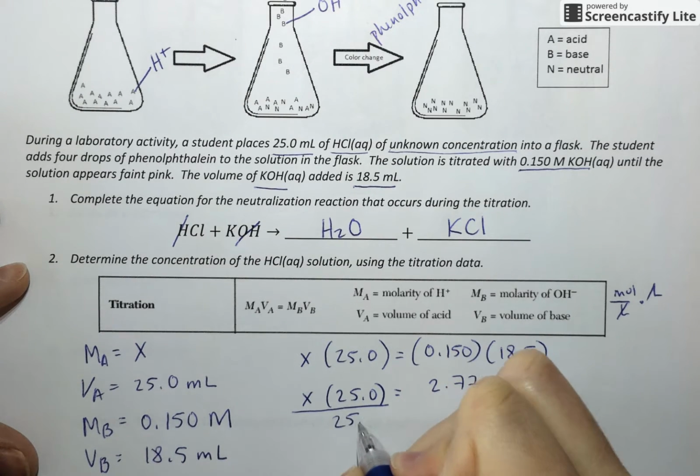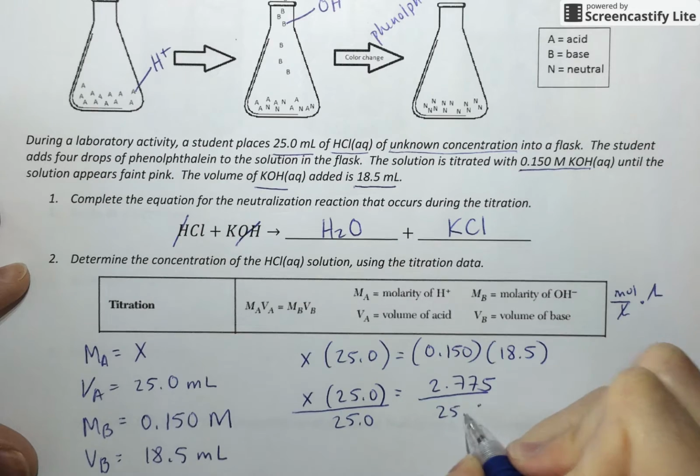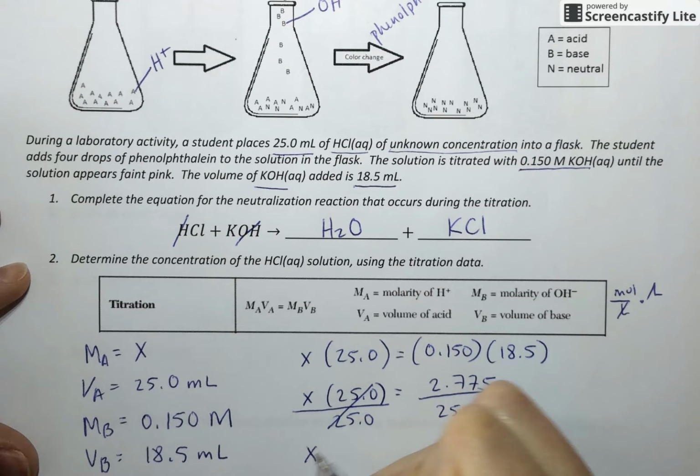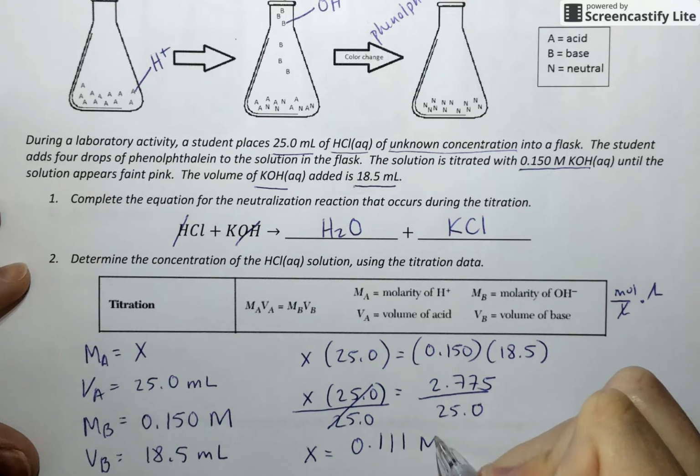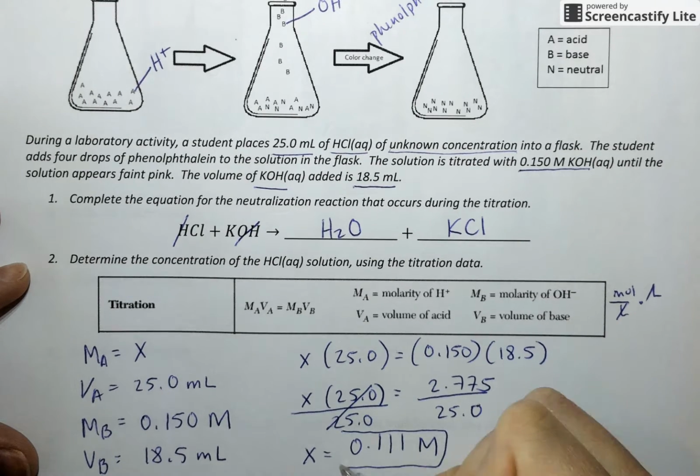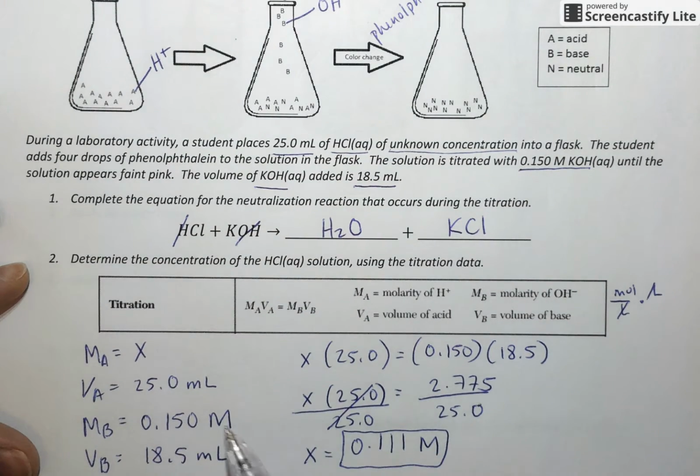Dividing both sides by 25.0 gets me to X equals 0.111 molar. And just as predicted, our acid is slightly less strong than our base, because it didn't take as much base to completely neutralize all the H+ ions that were in this original 0.111 molar solution.